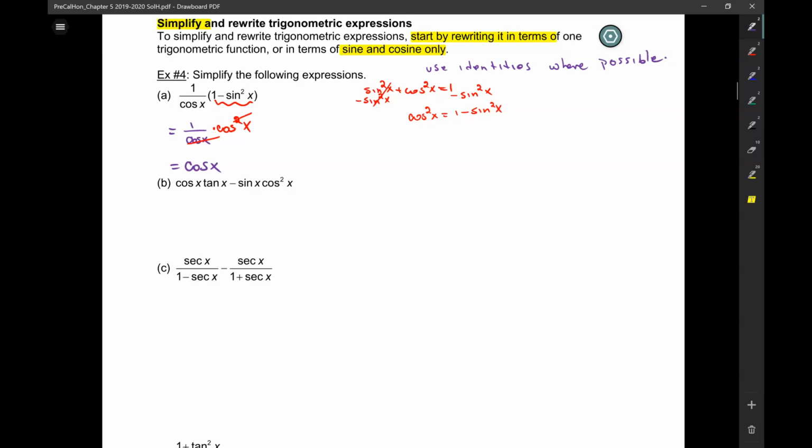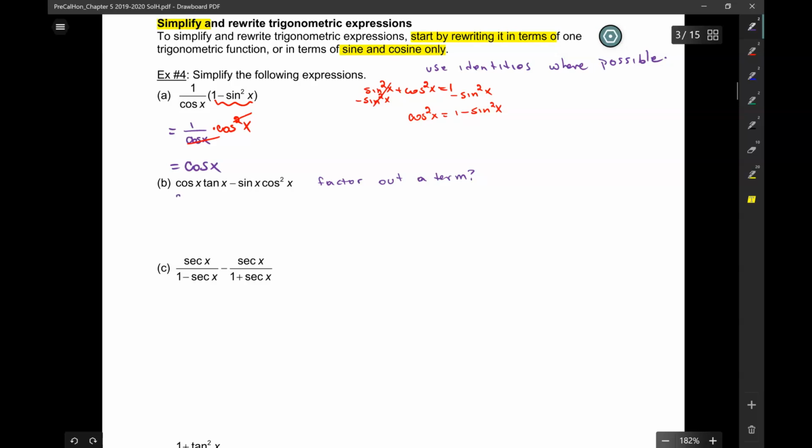Another very, very useful strategy is to see if you can factor anything out. Ask yourself, can I factor out a term? If I wrote it down right next to this problem, you can obviously factor something out. Actually, before I do that, first I'm going to change this tangent into sine over cosine, because remember what we initially highlighted: start by writing things in terms of sine and cosine.